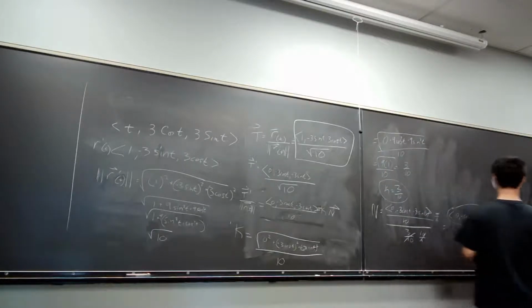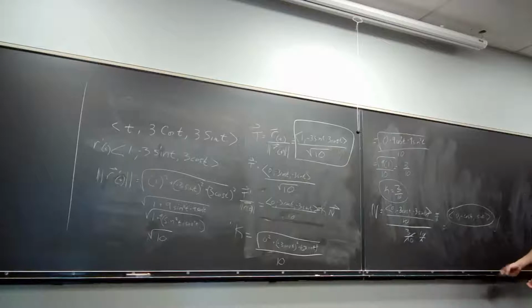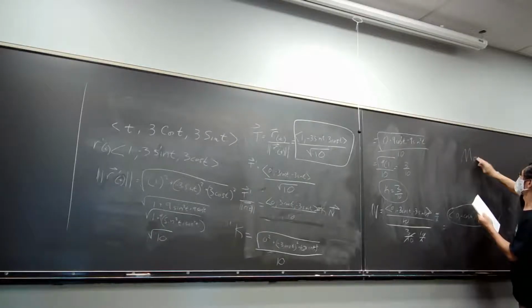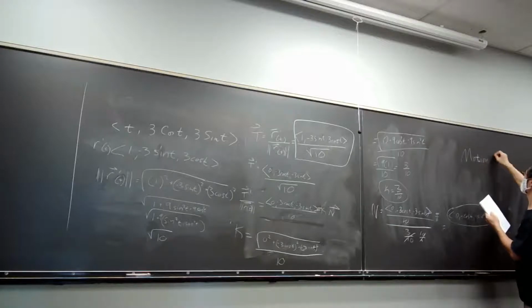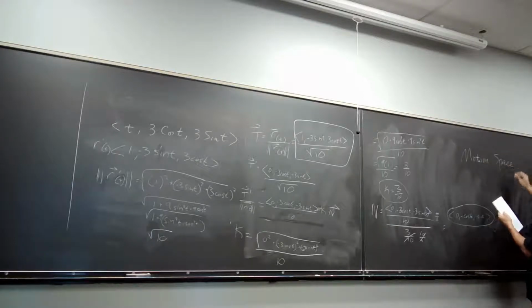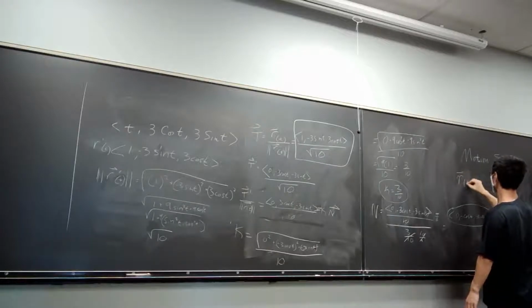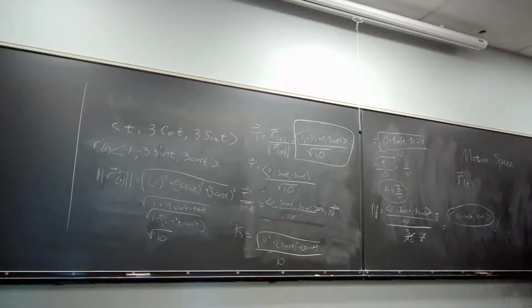Let me write on something here, then I'll erase. So for the last part, we will review what is something called motion in space. Suppose you have a curve. Now I regard t as time, r as position. So the same thing we did over there has a physical meaning.